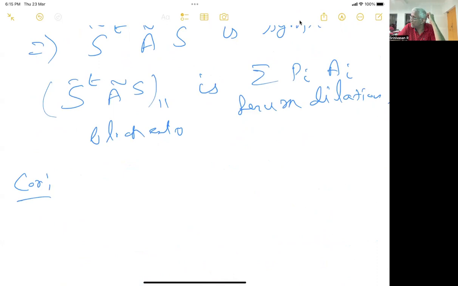No, a constant multiple is not symplectic. If A admits a symplectic dilation, then a constant multiple of that also admits a symplectic dilation. So why is that true? Take 1 by C of that. Like if it's C times A, then 1 by C of B admits a symplectic dilation.